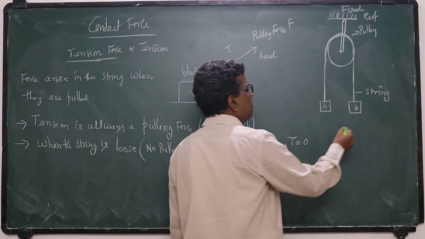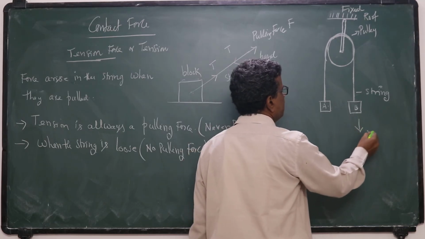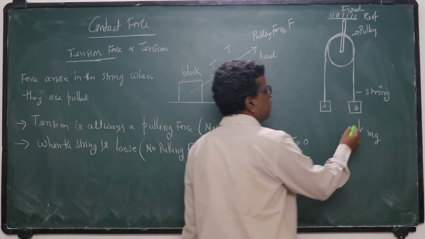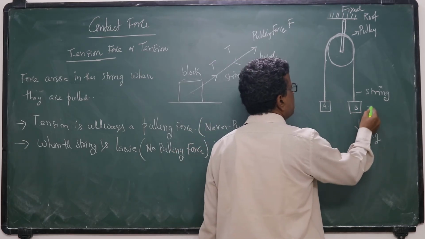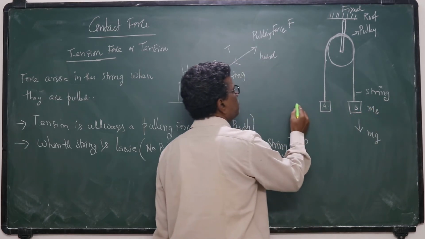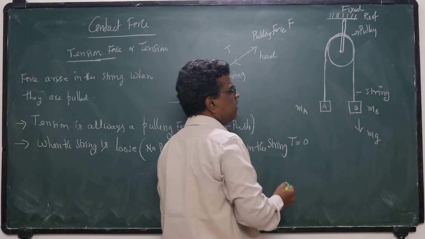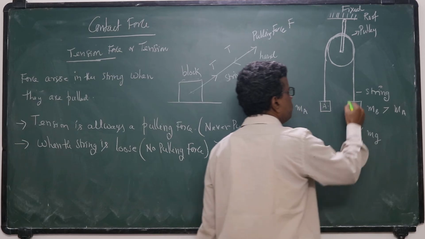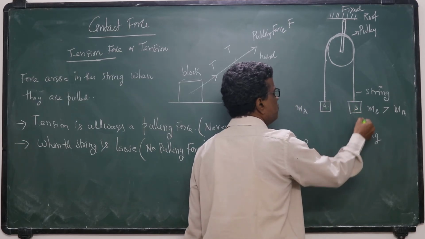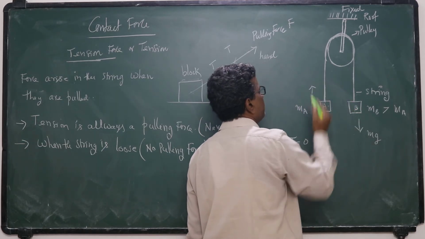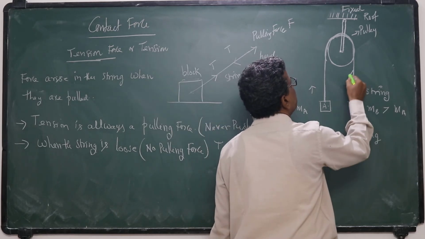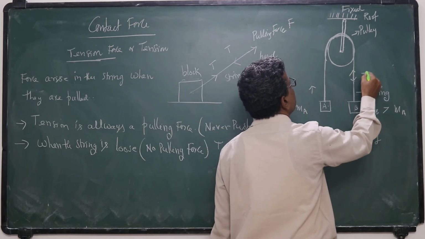The gravitational force mg acts on this. If the mass of B is greater than A, ultimately block B moves down and the other block moves up. When the string is tight, tension will be produced in the string.